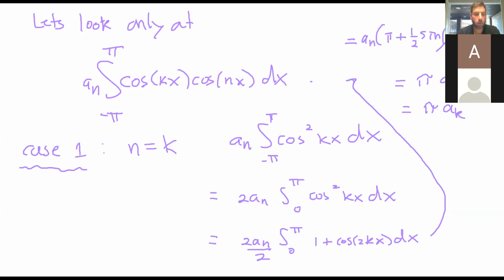It's actually straightforward to do as long as you have the correct trig identity. So let's go to the next page.